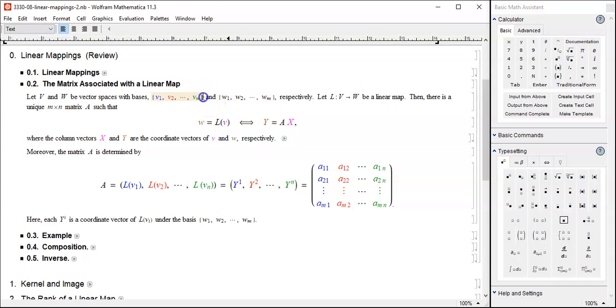And finally, let L from V to W be a linear map. Then there's a unique m by n matrix A such that the map w equals L of v corresponds to the matrix multiplication y equals Ax, where x and y are column vectors, the coordinate vectors of v and w respectively.